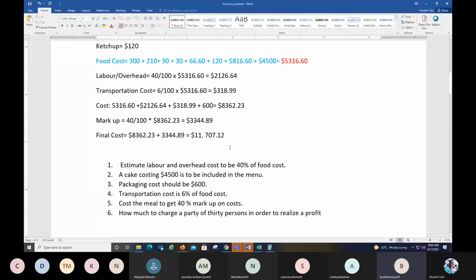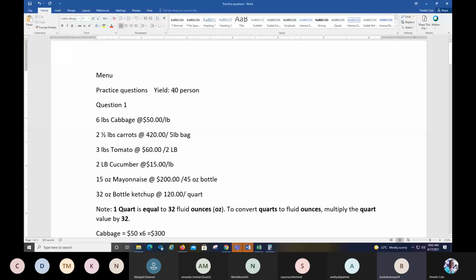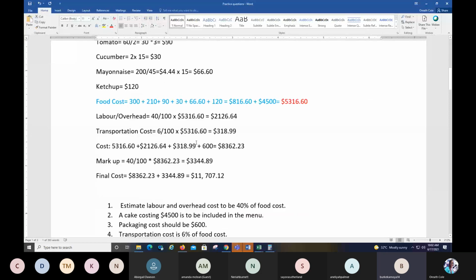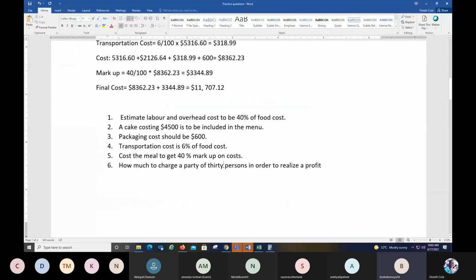That means that this price, the cost here, is for how many persons? 40, Miss. But they want to, sorry, let us bring it not to 30, but bring it up to 100. Oh, yeah.